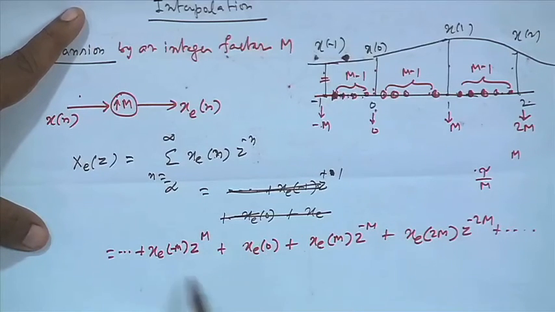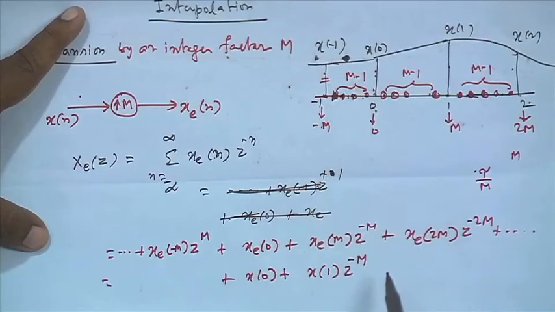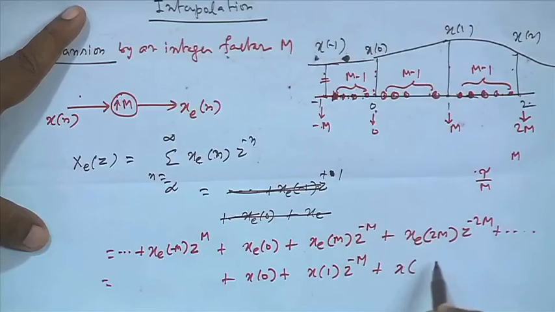What is x e 0? The same as x0. What is x e m? That was the original sample number 1, x1, in terms of x. What is x e 2m? The original x2.